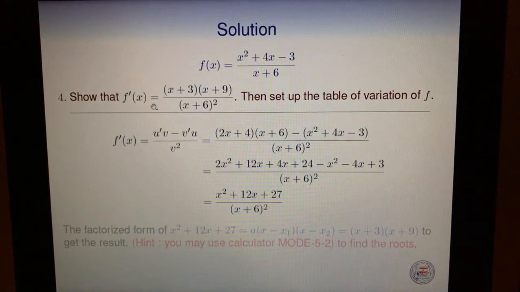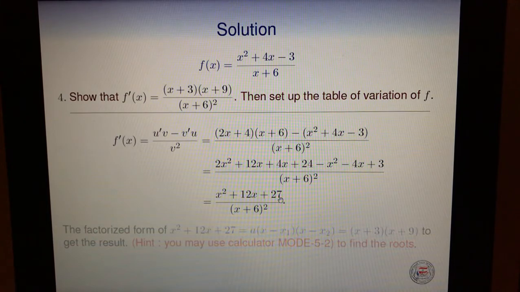But the question is to show that f prime of x is in this form, that is the factorized form. So it remains to factorize the expression in the numerator, which is a polynomial of second degree.